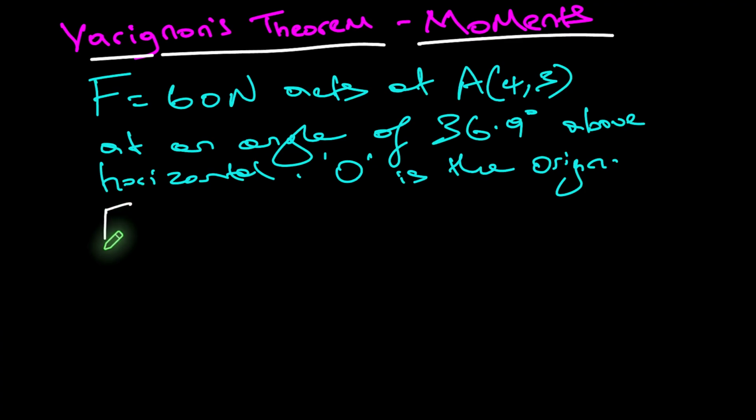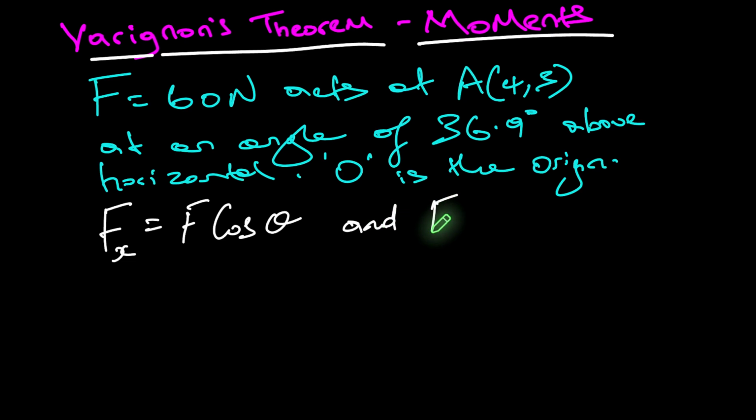So we would have here our components. Fx for our horizontal component, which is F cos theta, where theta represents our angle. And for the vertical component, Fy, it's just going to be F sin theta.